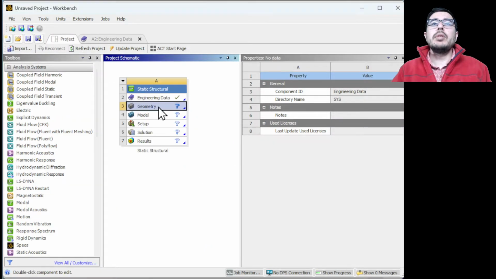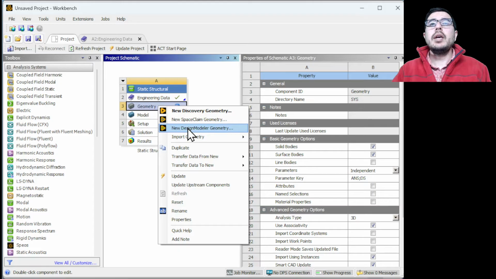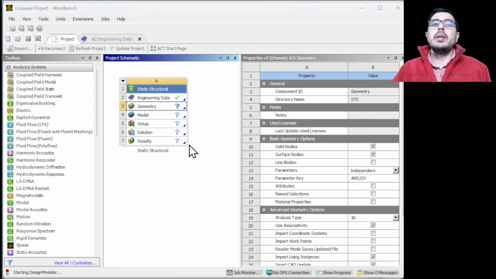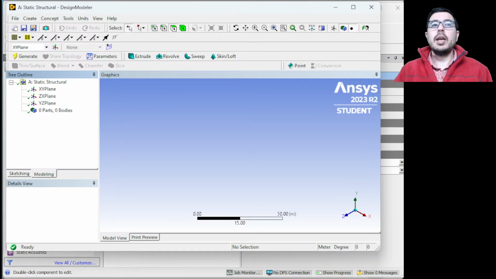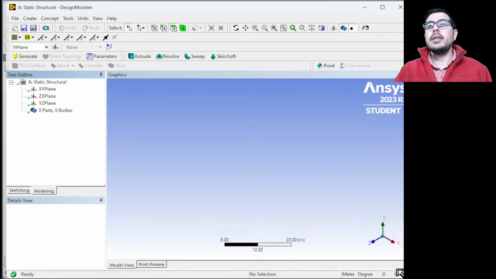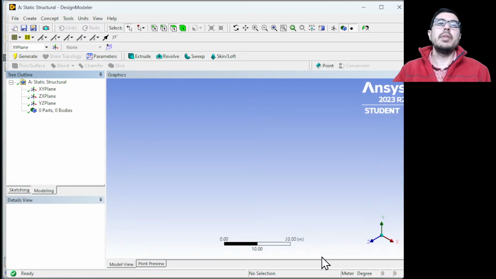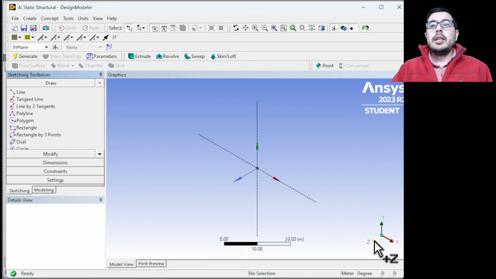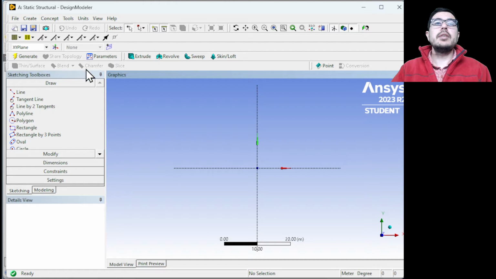We'll create the geometry, and we'll use Design Modeler this time. As we're bringing that up, we'll go back to the dimensions just so that we can try to remember them. Oh, or maybe we don't need to. We're ready. Okay. Good. All right, so that was faster than I thought. We're going to go to sketching, click on Z, and we will go ahead and do some drawing. We can do a rectangle here.